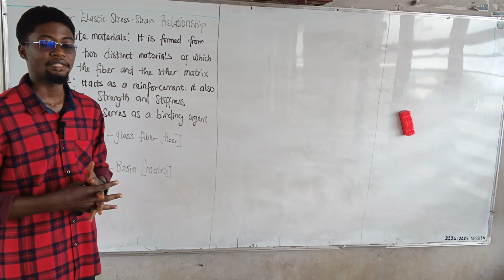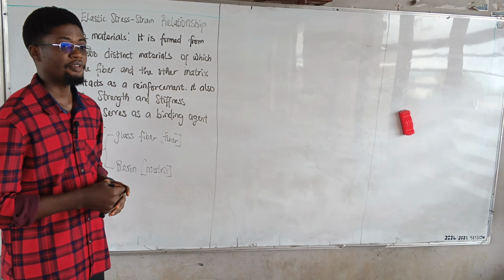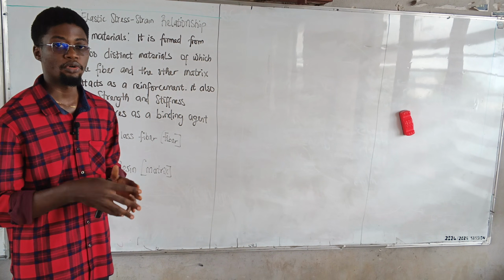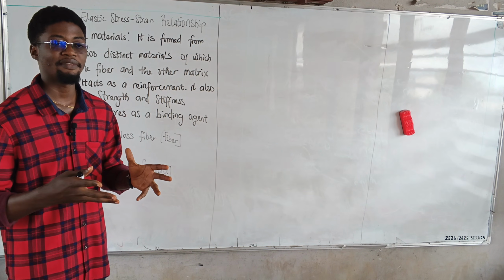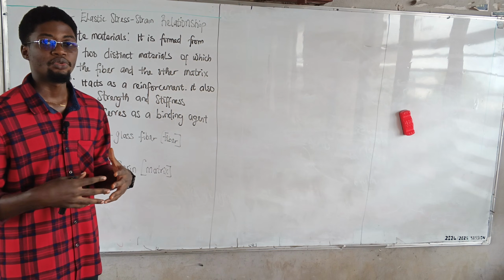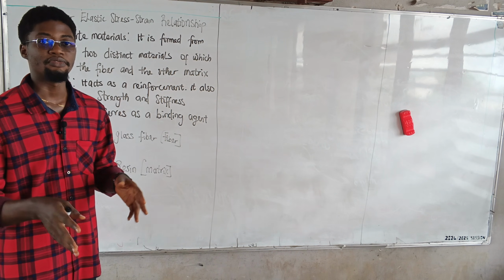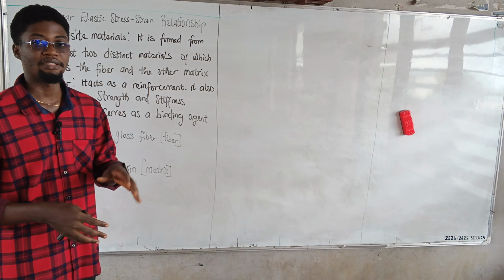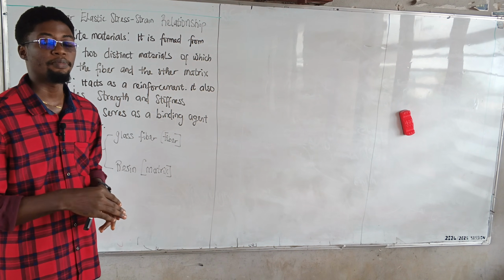Take for instance, you have a steel rod in a block. The block is serving as my matrix, while the steel rod is the fiber. We want to understand when you apply force to the material, how will it deform? For us to be able to predict that deformation, we need some mathematical tools or concepts that will help us do that.